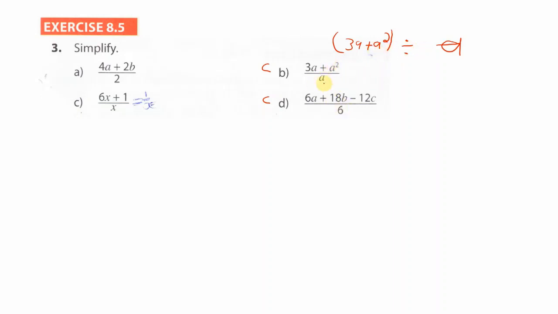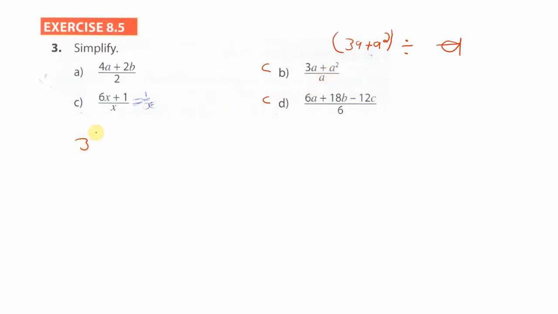Okay, now what is of crucial importance here is when we have one and only one term at the bottom, and we have it in fractional form, we are allowed to separate the terms.